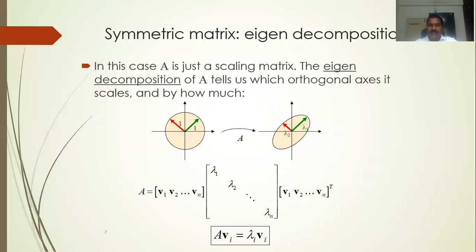So the eigen decomposition of A will tell us which orthogonal axis it is going to scale and by how much. We can say A Vi goes as lambda Vi, meaning Vi is an axis and lambda is the scaling factor.